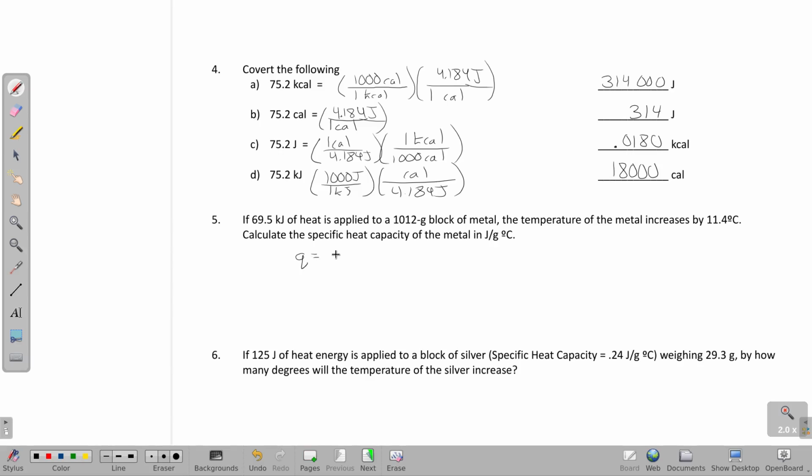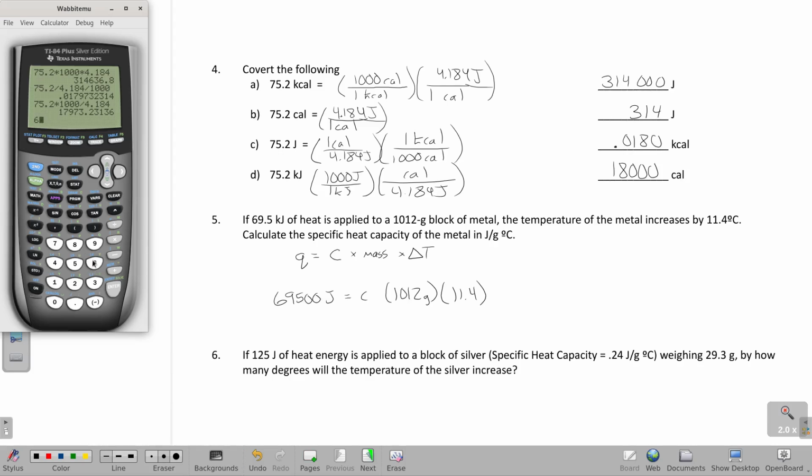The heat is always the specific heat times the mass times the delta T, the change in temperature. The only thing I need to worry about is the units. So I want my specific heat in joules, so I'm going to change my heat to joules as I write down the number. I'm just moving that decimal 3 places. And my delta T is 11.4. We're just going to solve for our C.